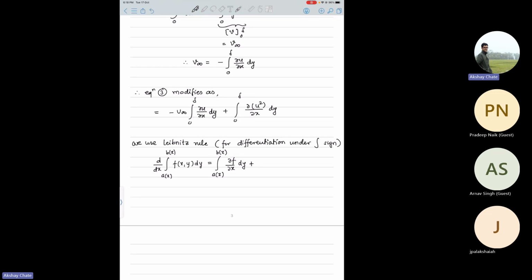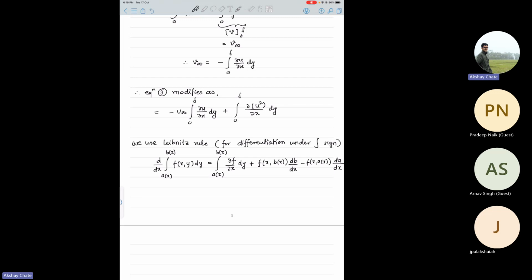But if you do this manipulation, there will be additional two terms, and they will be like this, minus f of x, a times dA by dx. So this is the standard rule. You can find the proof for this on any website over the internet.